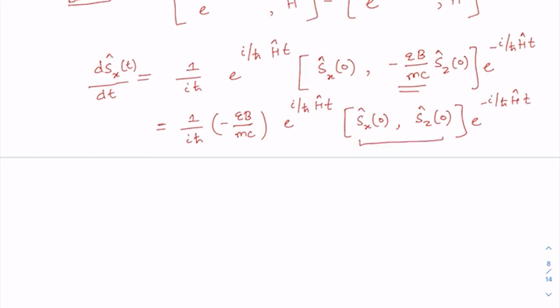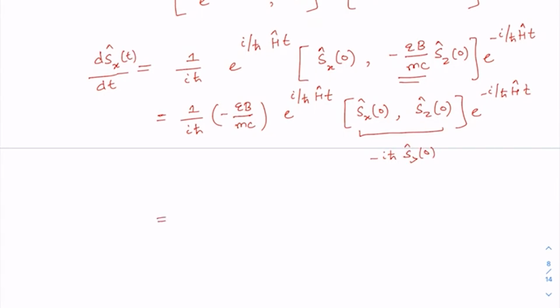Now commutation between Sx and Sz is minus iħ Sy, right? So therefore I will have, let me write it properly, 1 by iħ, qB by mc, iħ, and I will have here e to the power iHt/ħ, Sy(0), e to the power minus iHt/ħ.